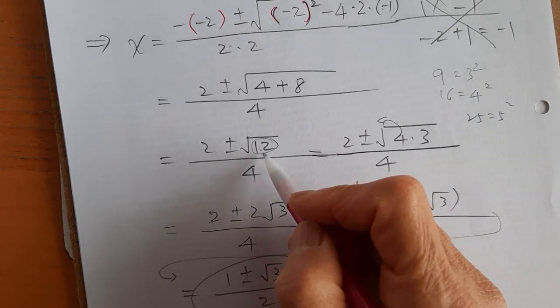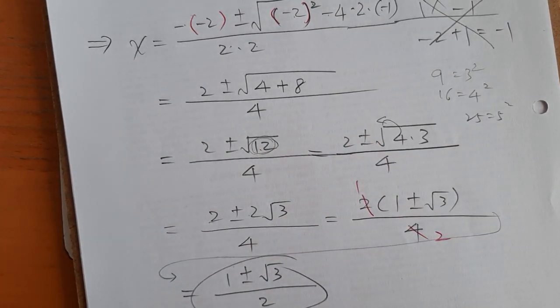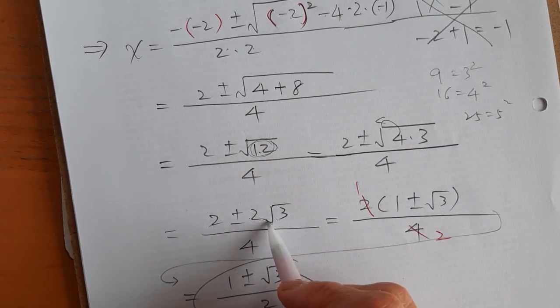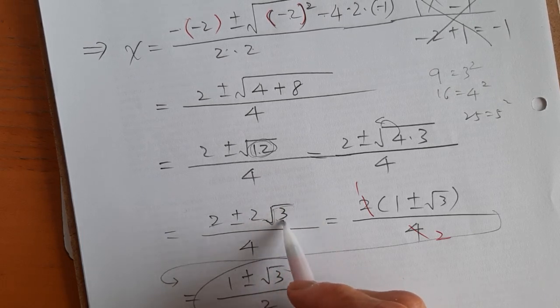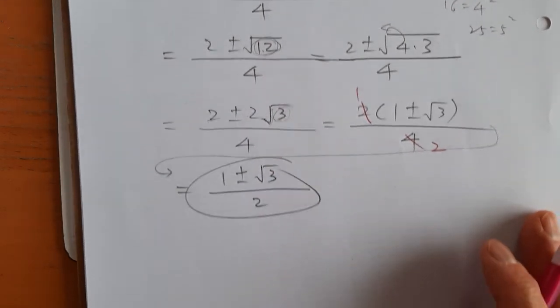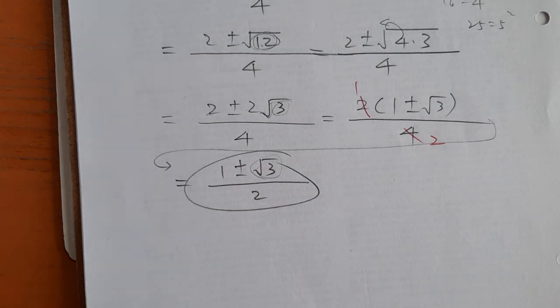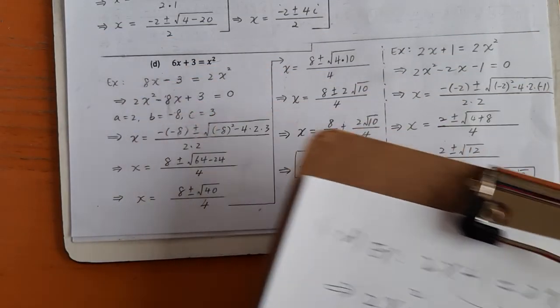But 12 is not a whole number squared. So you will have a square root of 3, and square root of 3 is an irrational number. So with the square root of 3, it's 2 irrational numbers as solutions.